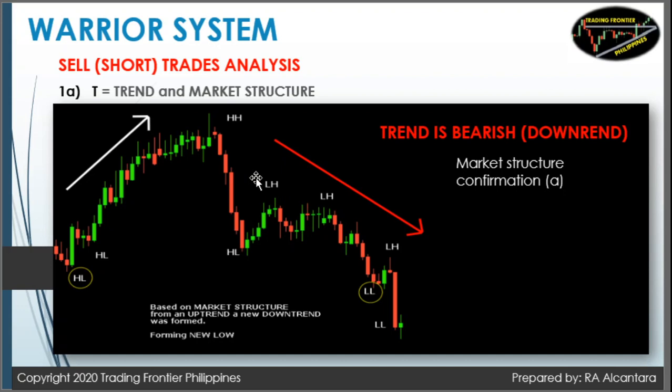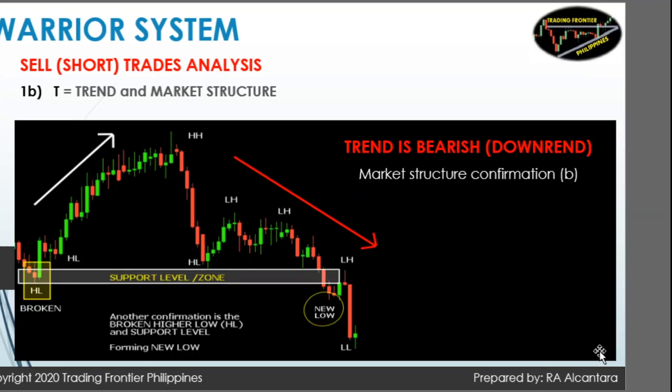But is it enough? No. After that, the market formed a new low, breaking this higher low, lower than this level. And then a lower high, and then a lower low. So we can see that from a bullish trend, the market shifts to a bearish market. Based on the market structure, from an uptrend, a new downtrend was formed, forming a new low, as per the illustration.